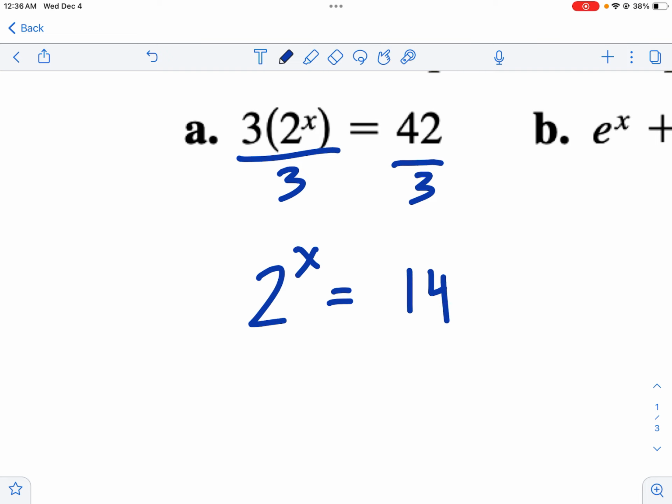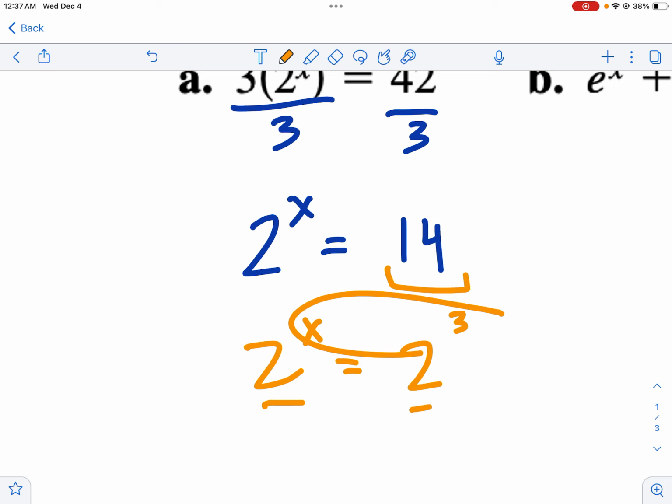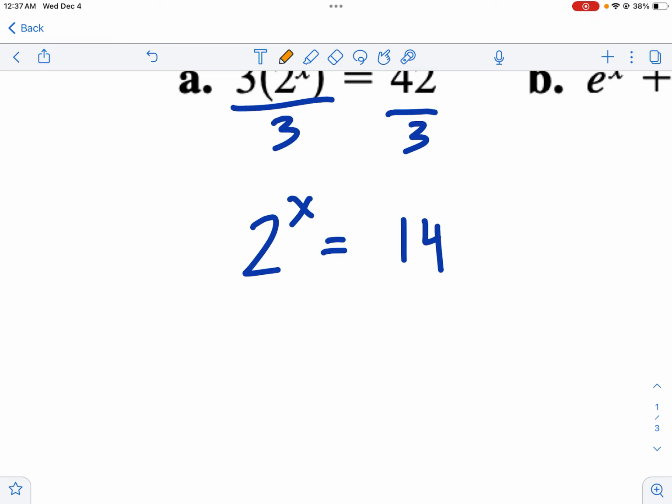So now the next step. We've seen this before, where if we can turn this into a power of 2, or 2 to some power, let's say 3, I know it's not 3, but if we can have the same base, then the power can be the same. But you cannot turn 14 into a base 2. So this is where log comes in.